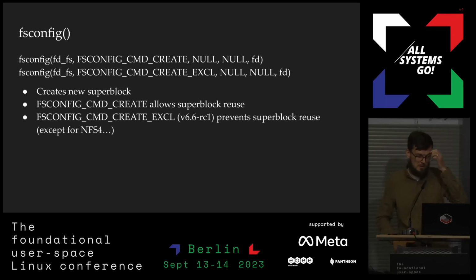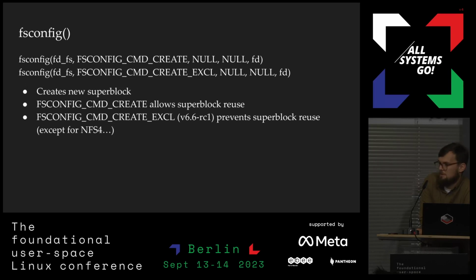So when you use the new mount API and the file system supports the new mount API, the kernel will notify you, oh, this has already been mounted, I'm not recycling this. So you can find out that somebody has already mounted this file system somewhere else. This works for most file systems.